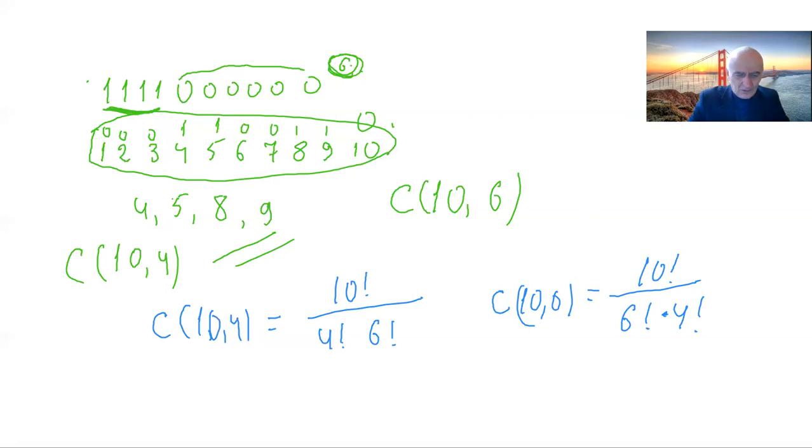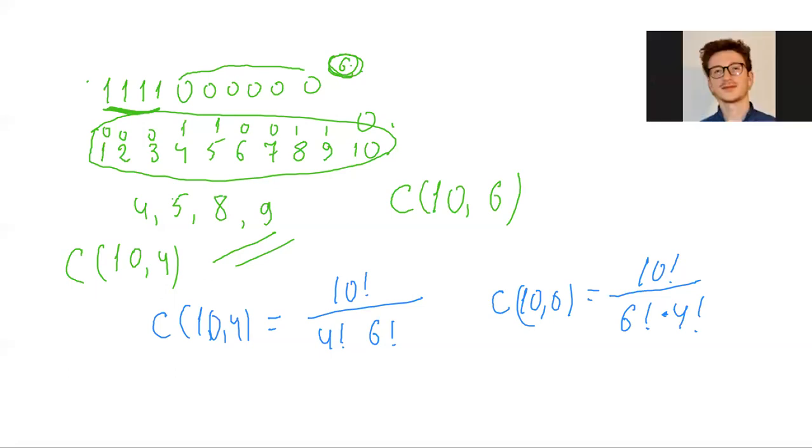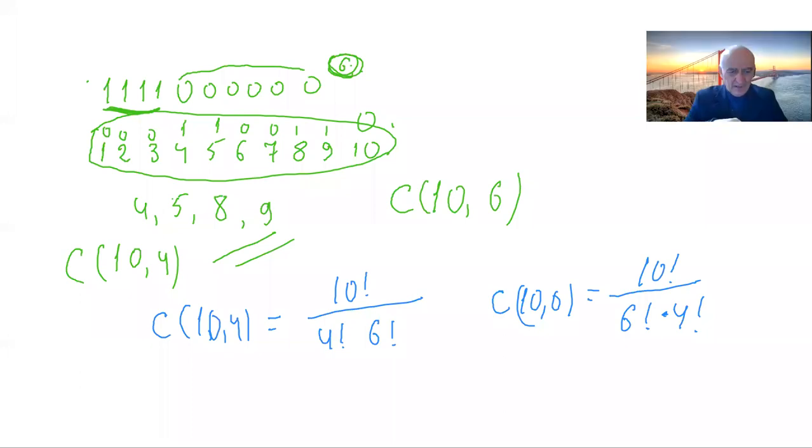Okay, at most four ones means that this bit string can contain no ones, only one, only two ones, only three ones, and only four ones. We have to use the sum rule, I think. C10(4) plus C10(3). Very good.